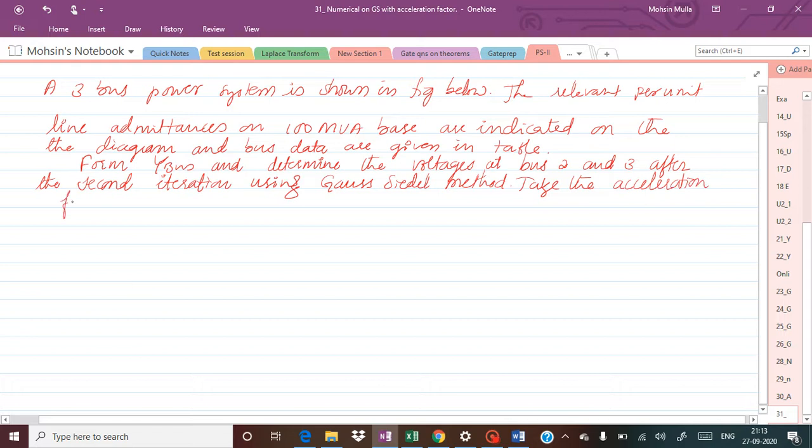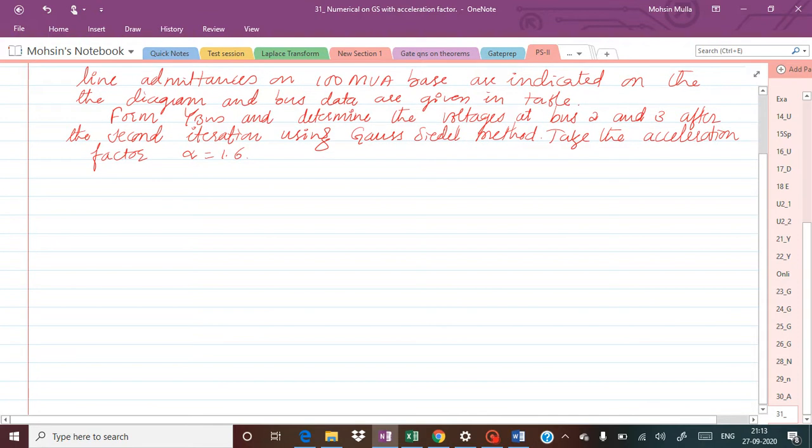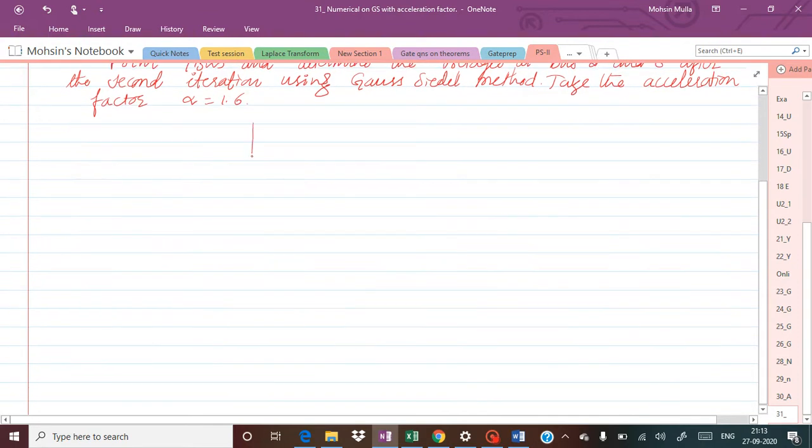Take the acceleration factor alpha equal to 1.6.